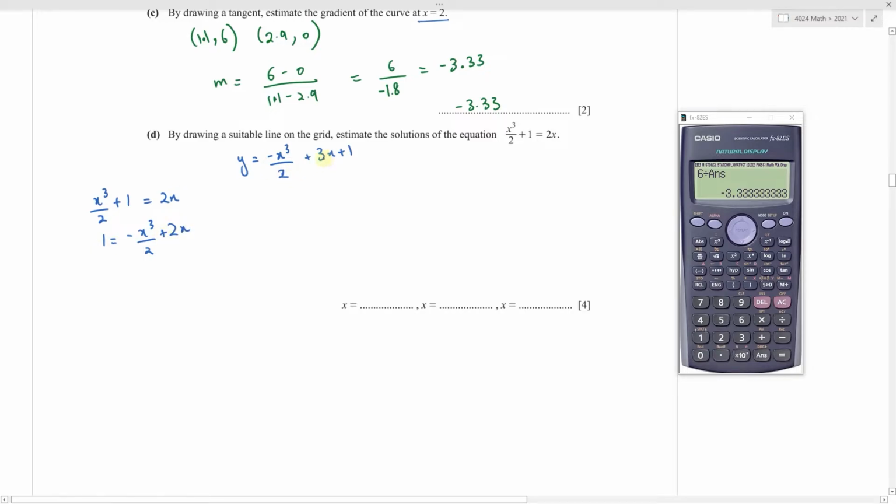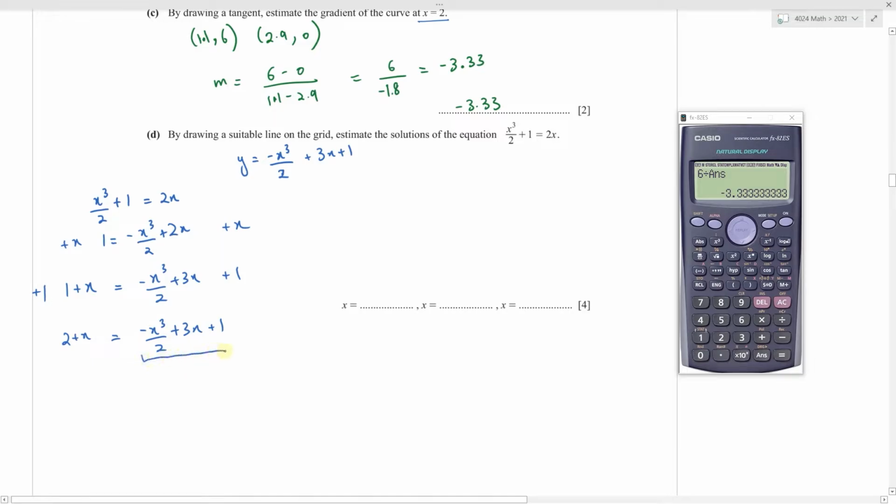Here we have 3x and here we have 2x, so I will simply add x on this side and add x on this side. So I will get 1 plus x equals minus x cubed over 2 plus 3x. And then I have plus 1 as well, so I will add 1 on both sides of the equation. So 1 plus 1 will become 2 plus x equals minus x cubed over 2 plus 3x plus 1.